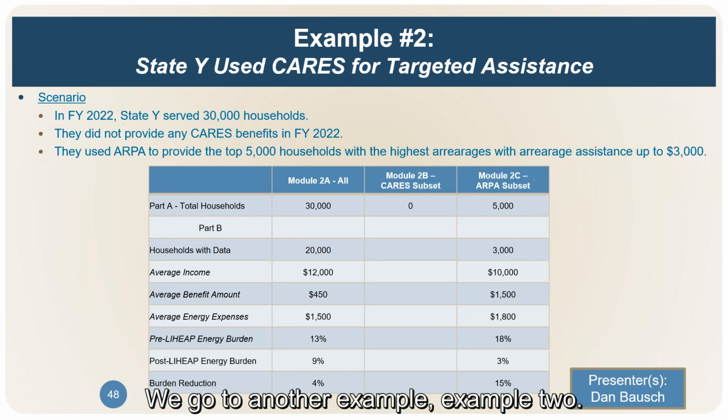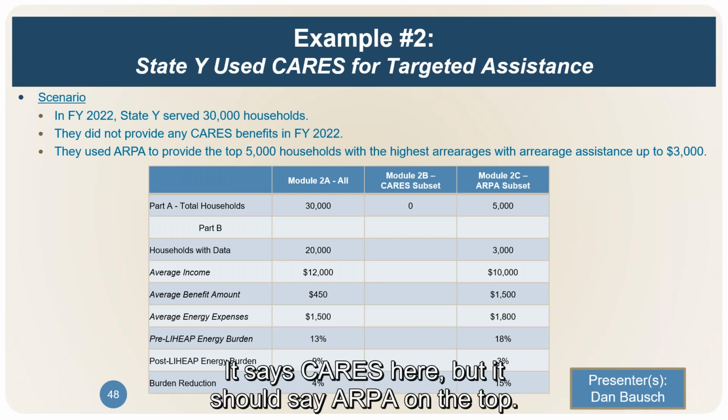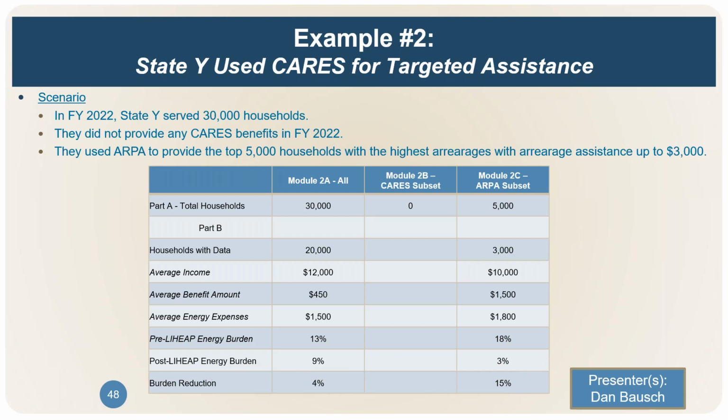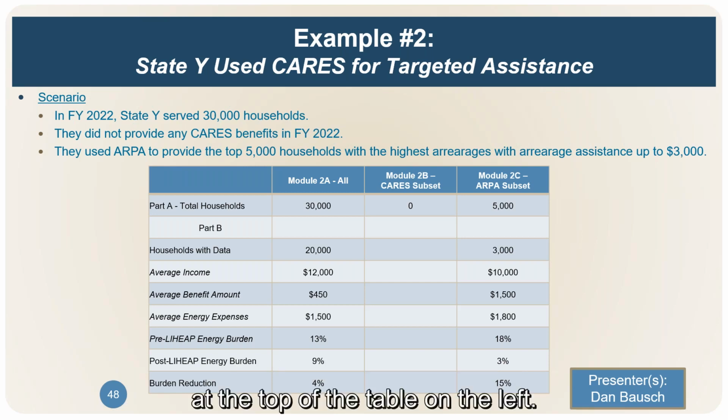We go to another example, example 2. Here's a state that used ARPA for targeted assistance. It says CARES here, but it should say ARPA on the top. So in this scenario, state Y served 30,000 households. So 30,000 again goes in part A of module 2A at the top of the table on the left.